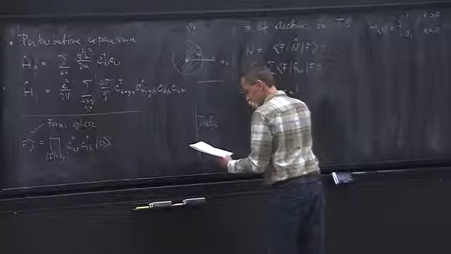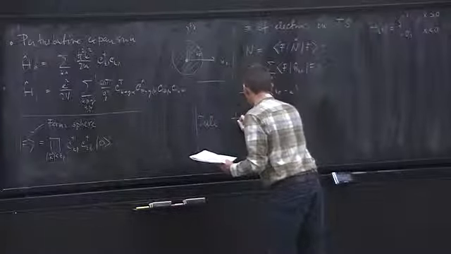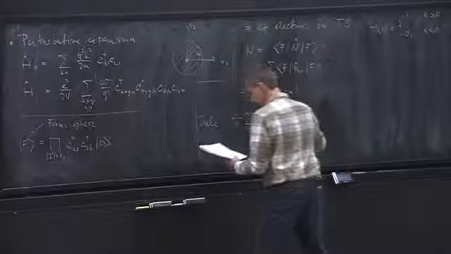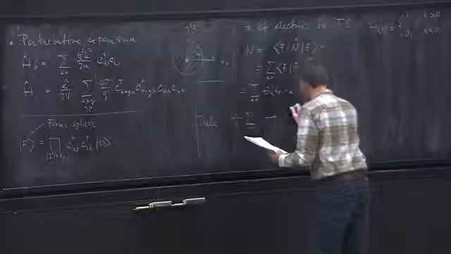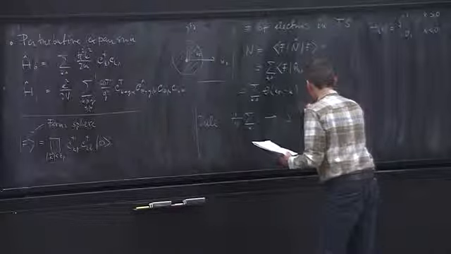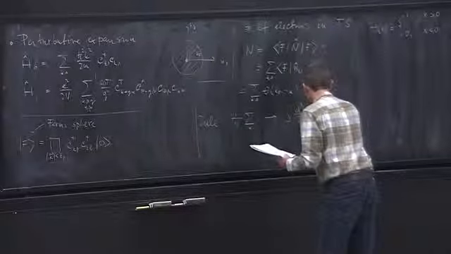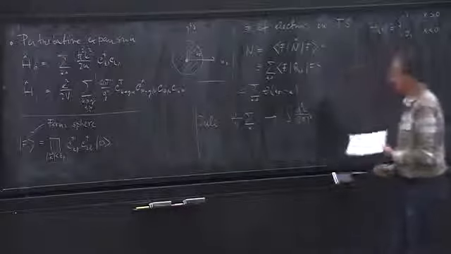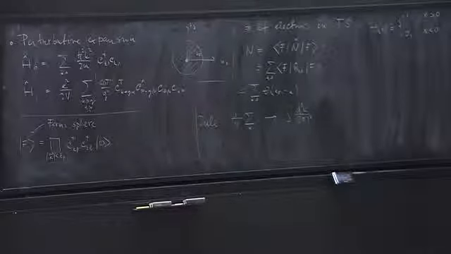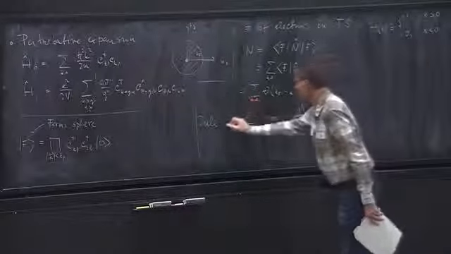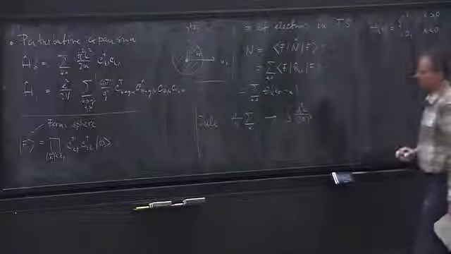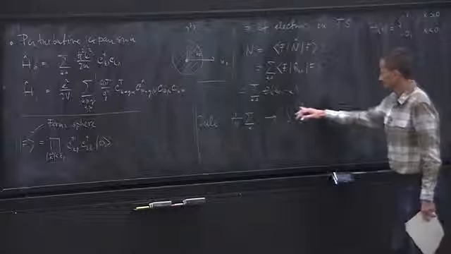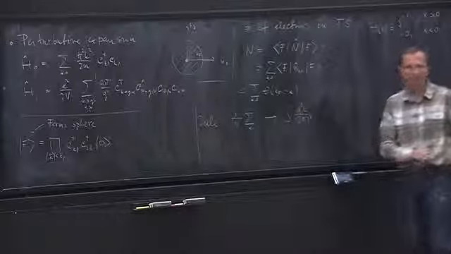And again, I hope you've seen this in undergraduate solid state physics. Okay? So in the thermodynamic limit, we can replace 1 over volume times this momentum sum with an integral over infinite space with this volume element.